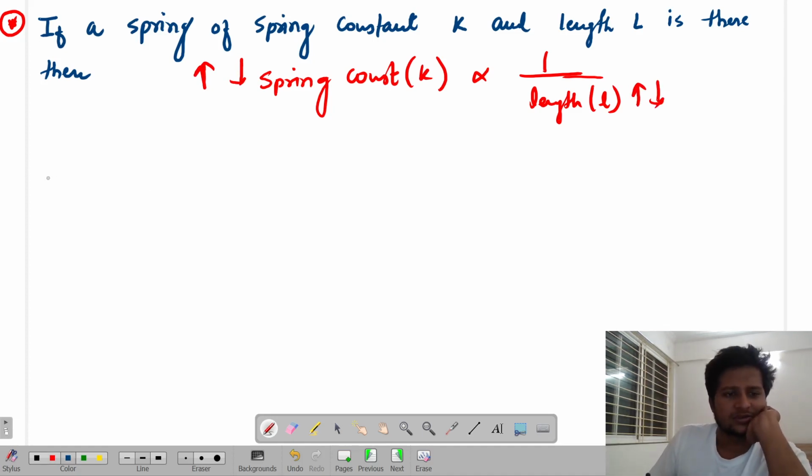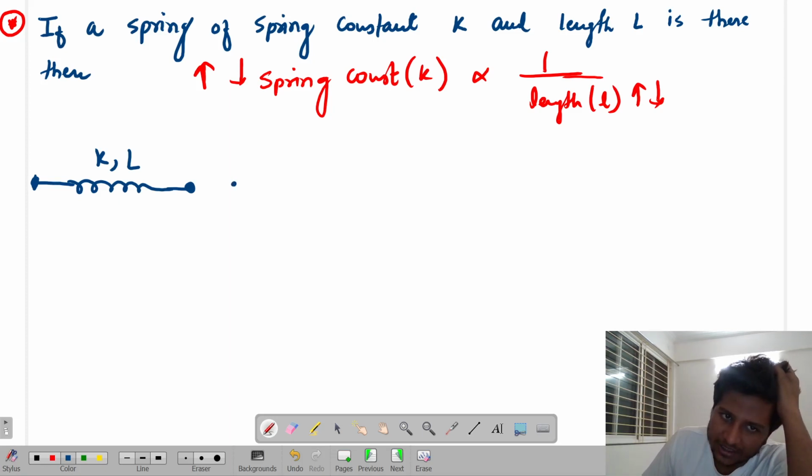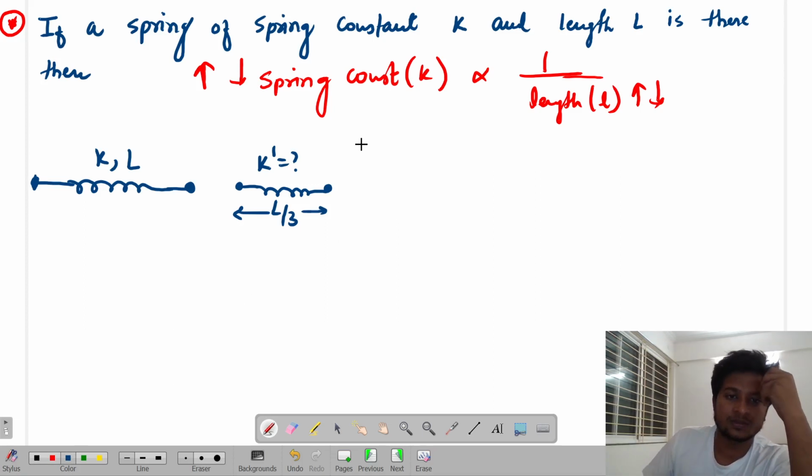So basically, let's suppose I have a spring. I think I have done this in the work energy power chapter, isn't it? So if there is a spring of spring constant K and length L, and I cut that spring into three different parts, and I ask you to find the K dash for the length which is L by 3, what is its new value? 3K.